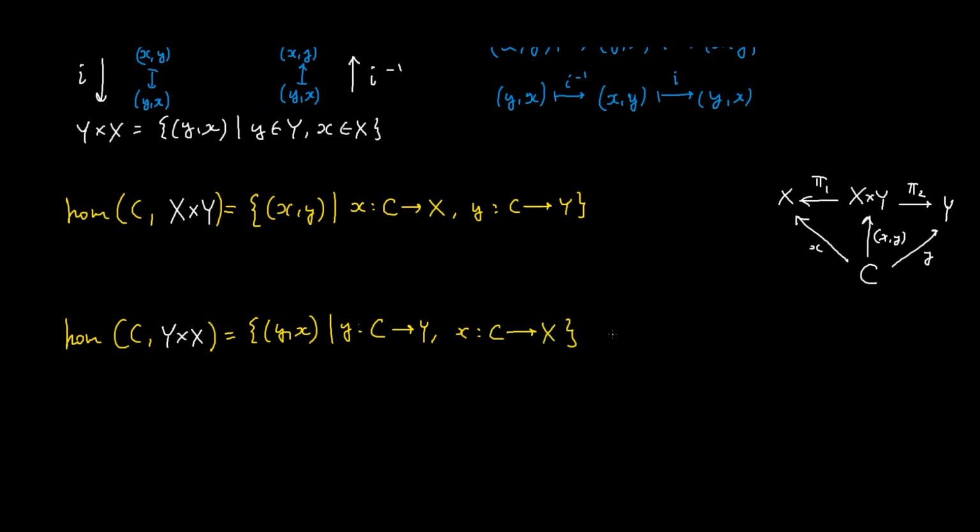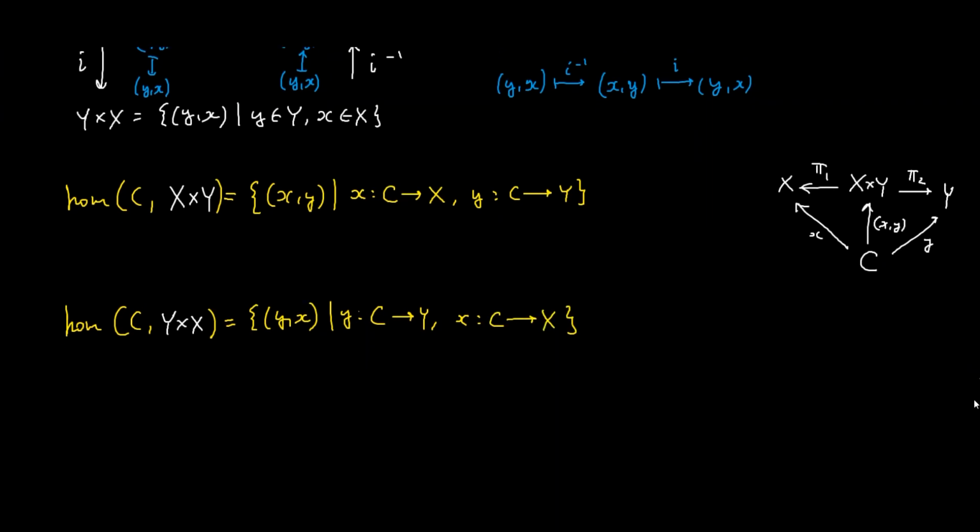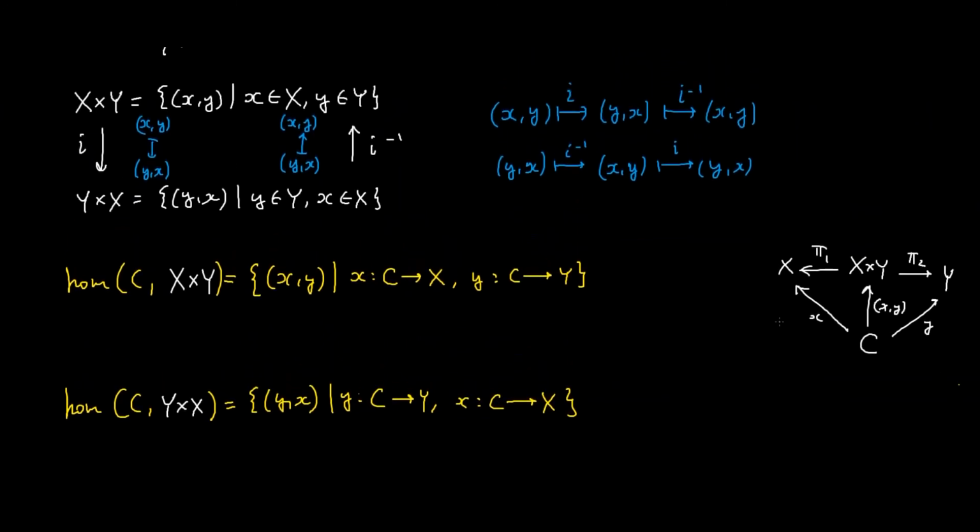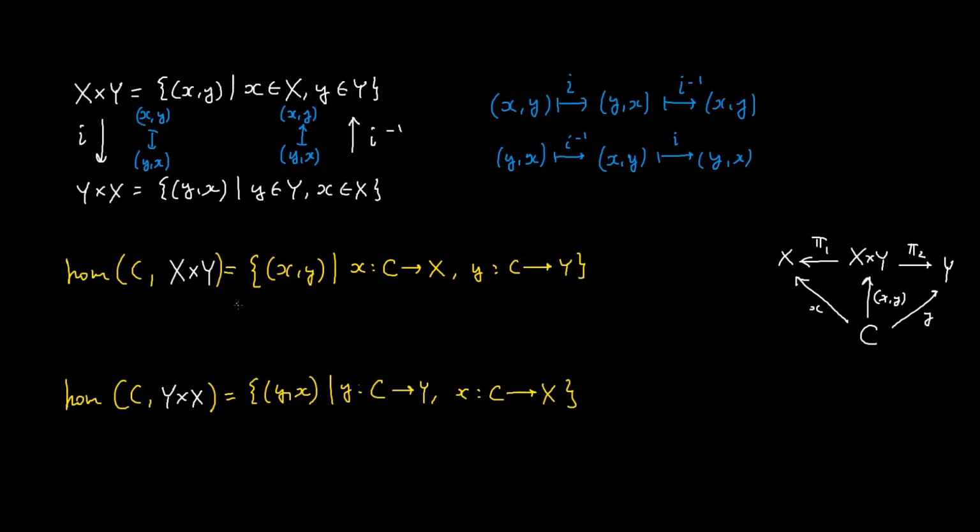And now what I need to do is to describe this isomorphism, right? I kind of want to say that let's consider the isomorphism that will map xy to yx.